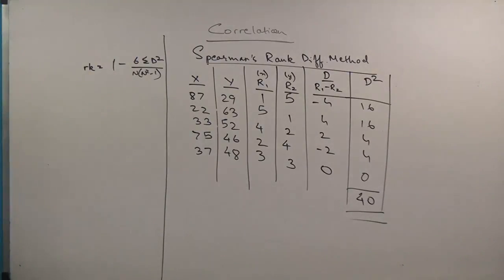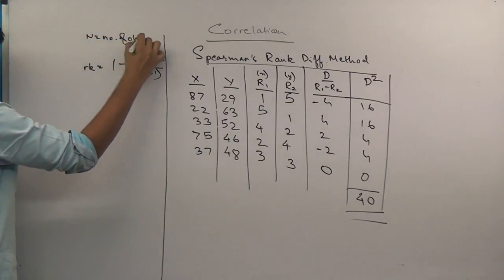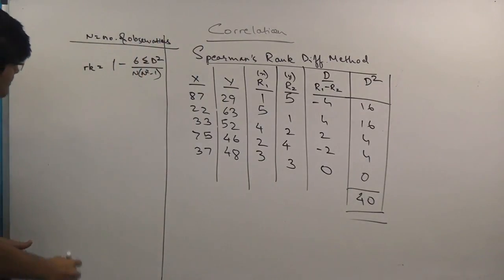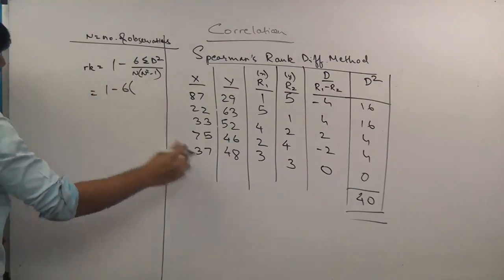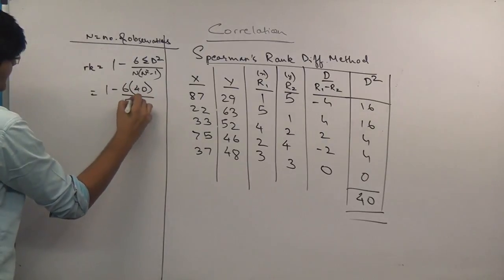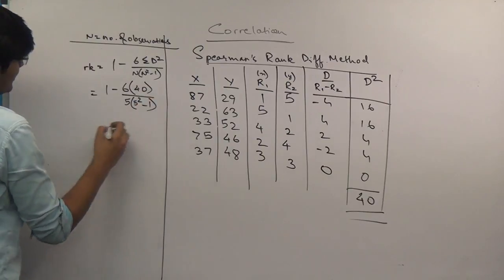Now what is N here? Obviously the number of observations. N is equal to the number of observations, no frequency or anything given. So summation D square we have, 1 minus 6 into 40 divided by 5 into 5 square minus 1.